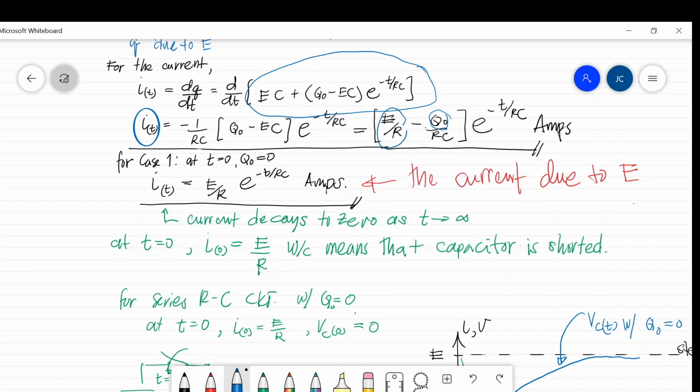So this current E over R is due to the source E. And this current is due to Q sub O.